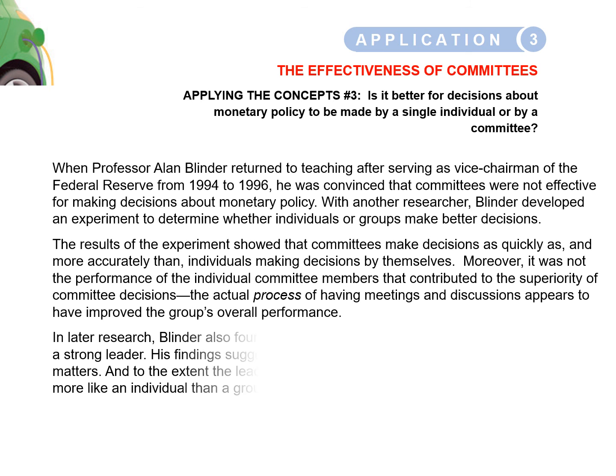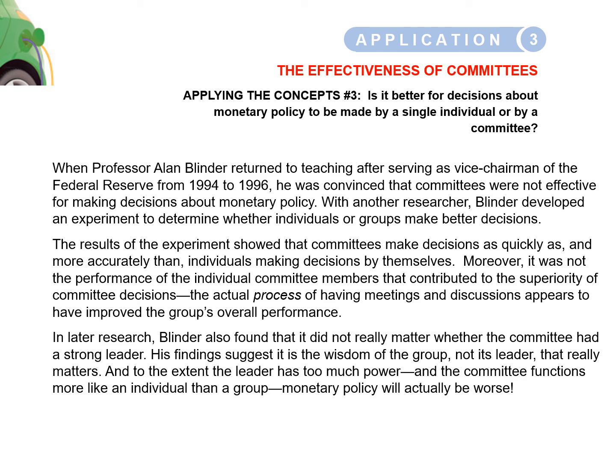And on this slide, we see one of the empirical research findings where they saw that when people take decisions individually versus on a committee, the committee on average makes much smarter decisions, not because one leader is particularly capable, but because in the meeting deliberation process and in the discussion process, it looks like the group improves their overall performance and therefore reaches better conclusions and better strategic decisions.